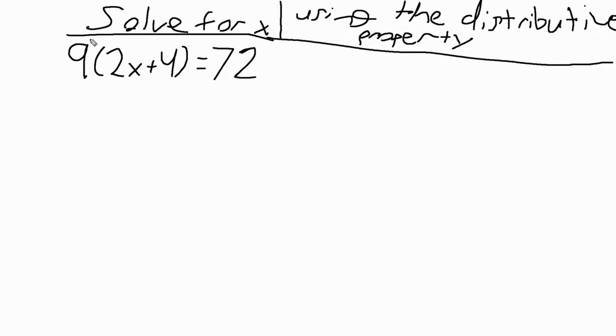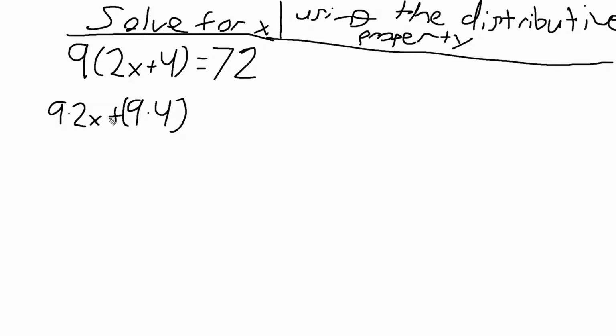Alright, so here what you would do is you would multiply both of the numbers inside the parentheses by 9. We could split this up, so it would be 9, I'm going to use a dot to make this easier to see, because there's an x. 9 times 2x plus 9 times 4.